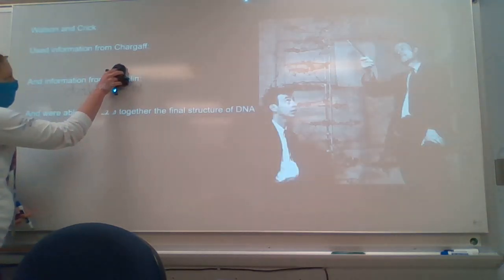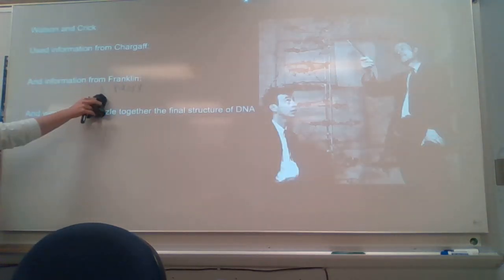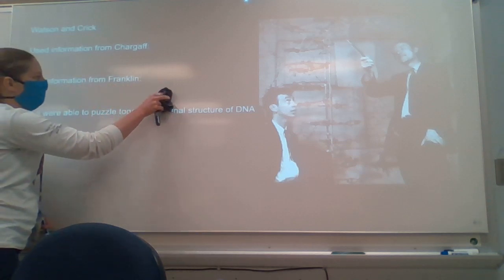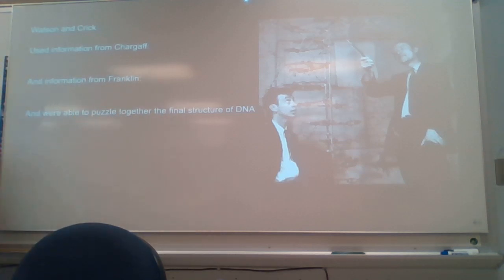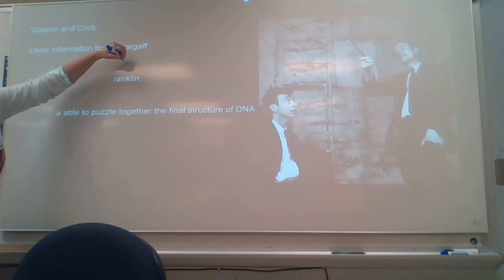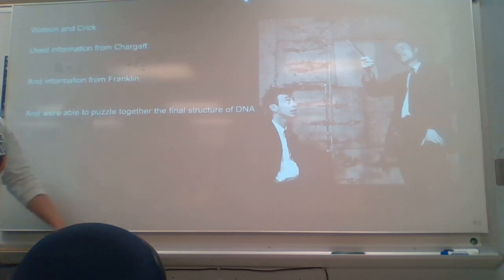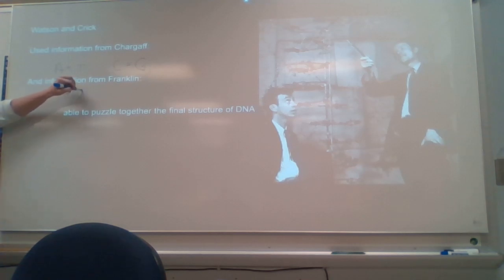Watson and Crick, however, were the guys that really got credit for coming up with the structure of DNA, even though they used Franklin's work without her permission. From Chargaff, they learned that A equals T and C equals G. And from Franklin, they learned that DNA was a double helix.